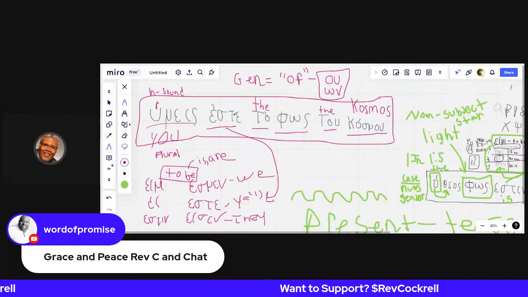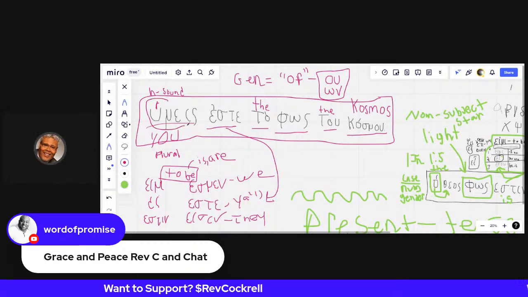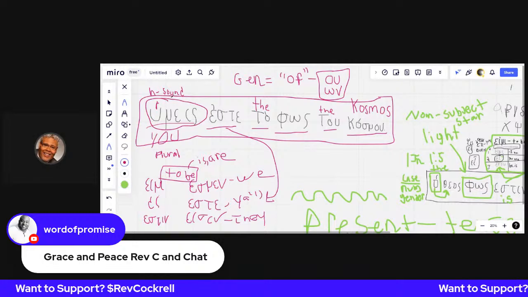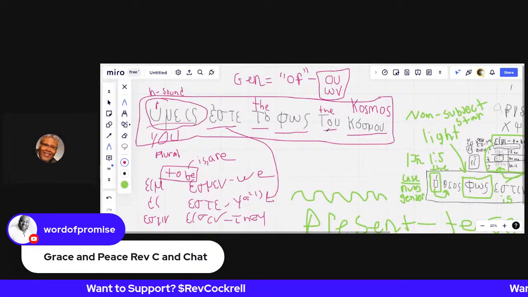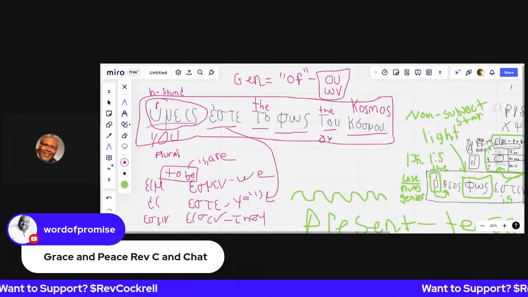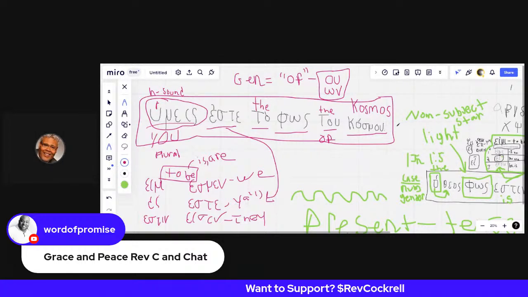So y'all are plural. So notice, this is not just one disciple or one person. This is plural. Y'all are the phos tu cosmu, the light of, so you put "of" here, the world. Y'all are the light of the world.